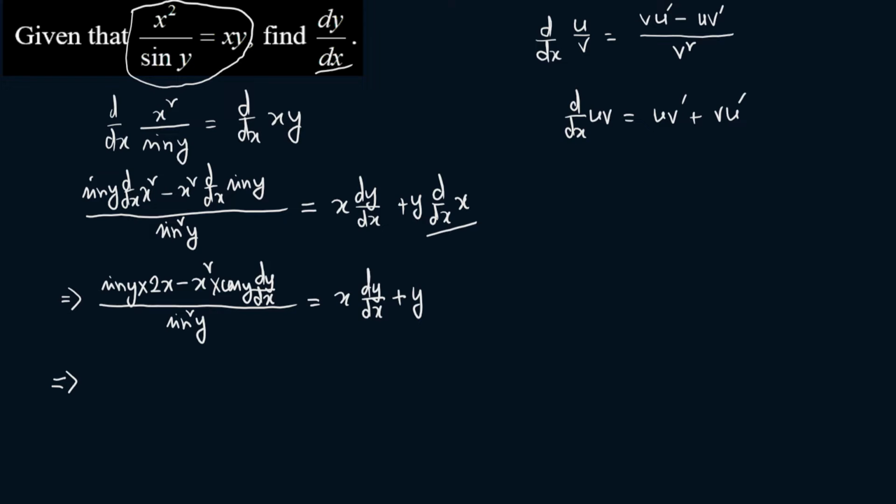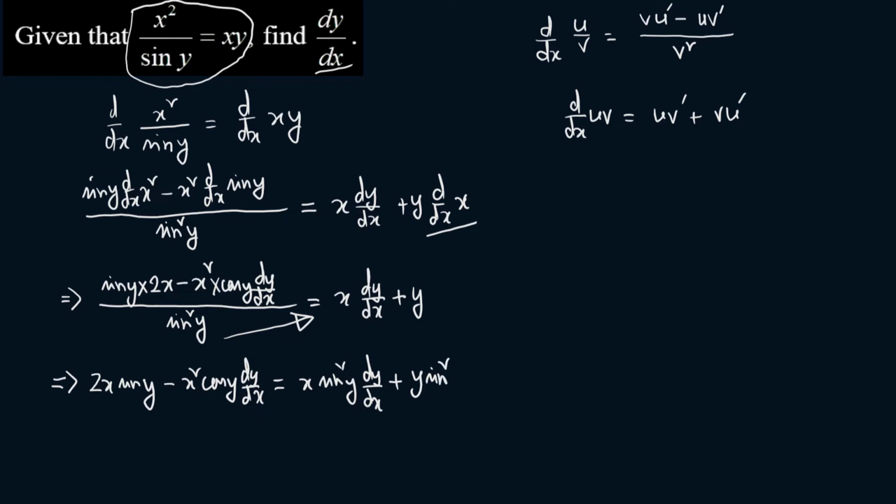Now we multiply sine square y on the right side, and it gives us 2x sine y, then minus x square cos y from the top, and on the right side x sine square y dy by dx, because of the cross multiplication, plus y sine square y.